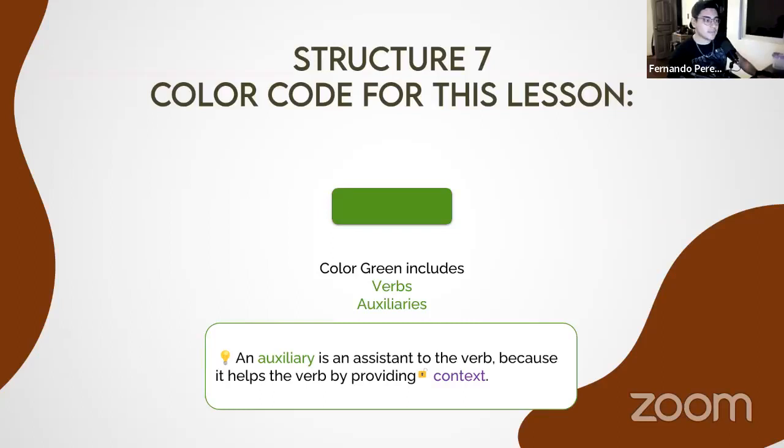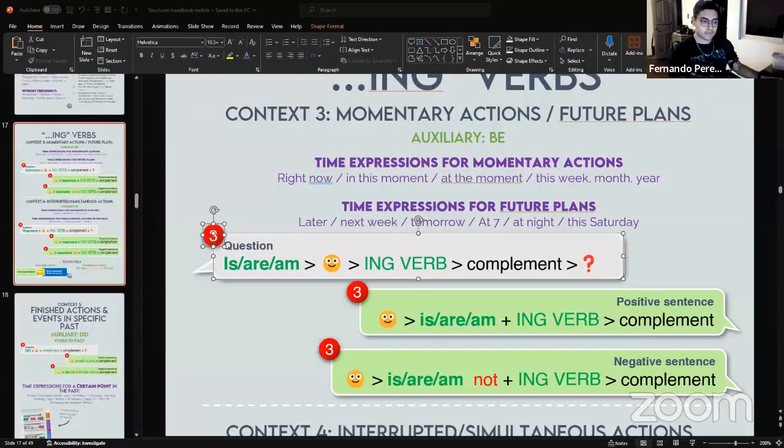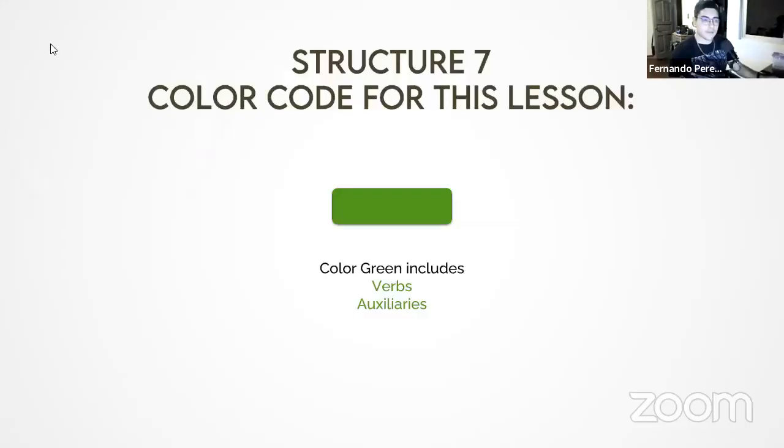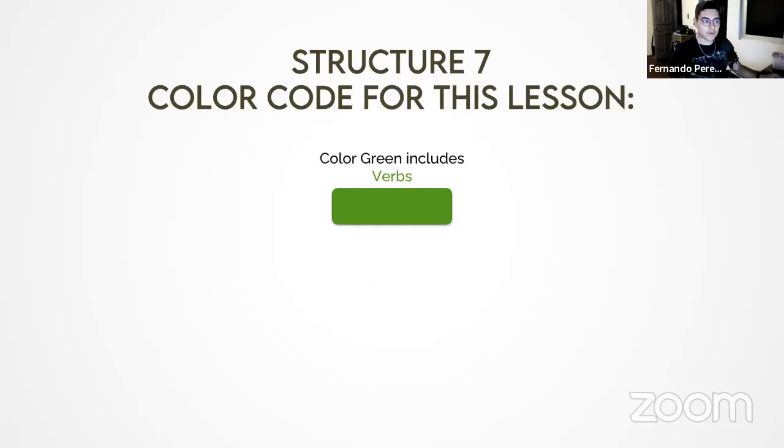So let's give a demonstration. Let's give a demonstration about the application of color green. For this demonstration, we are going to see how color green works.